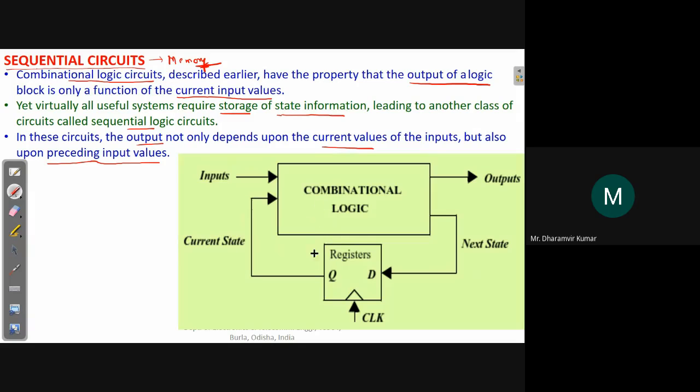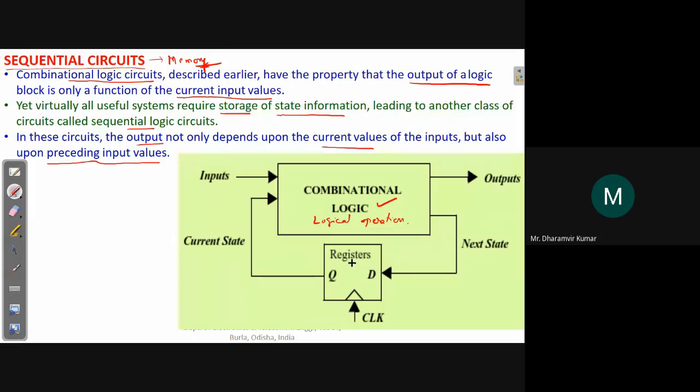Look at this diagram. This is the general diagram of a finite state machine, which is an example of a sequential circuit. We have this combinational logic, also called combo logic, which will just perform the logical operation.